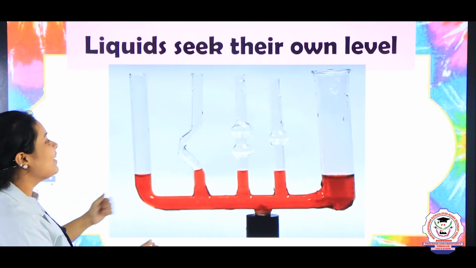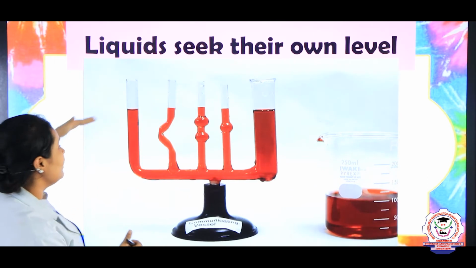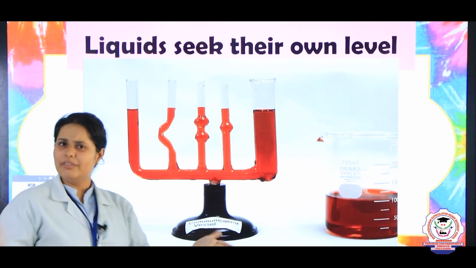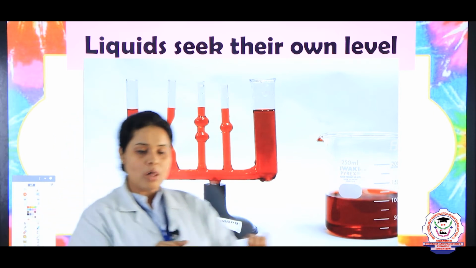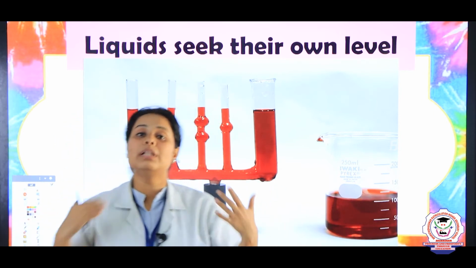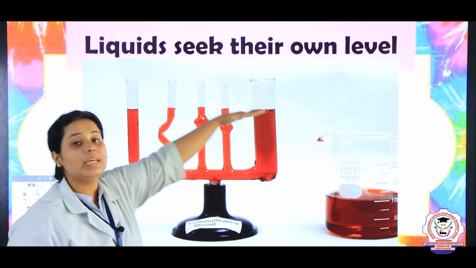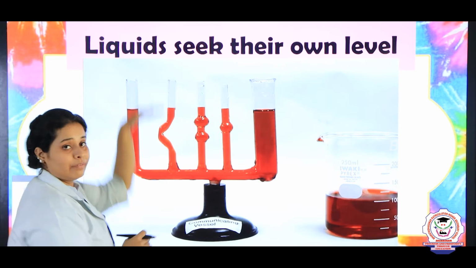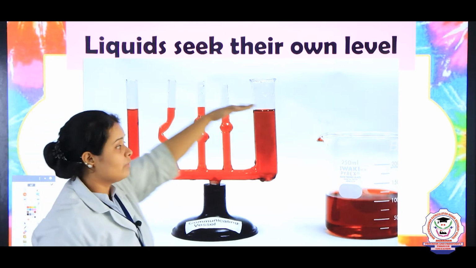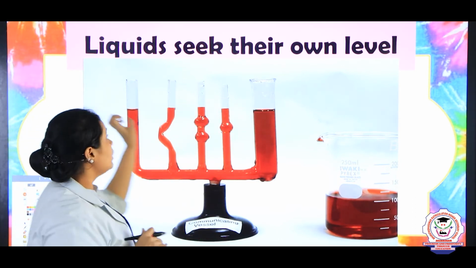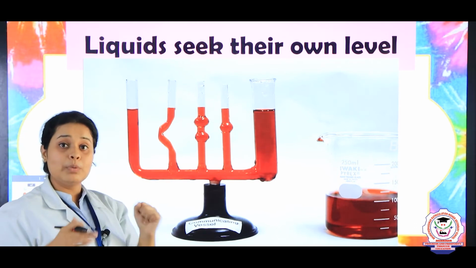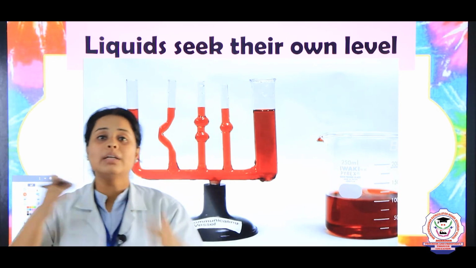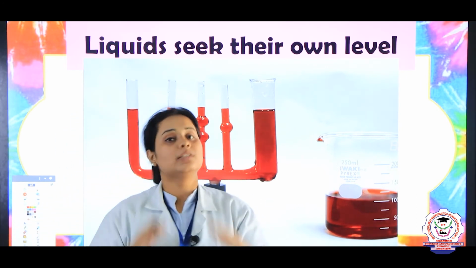In the same way, when you add more water, again the level of the water will be the same. That shows that whatever the shape, if the liquid is filled, it will have its own equal level. It is not that on one side there will be more water and on another side less water. It will have a similar level. So this proves that yes, liquids have their own level, and the levels are always equal for all kinds of shapes and all kinds of liquids.